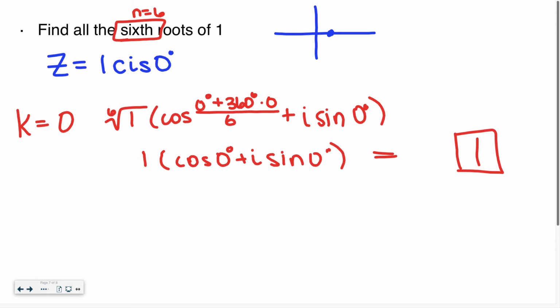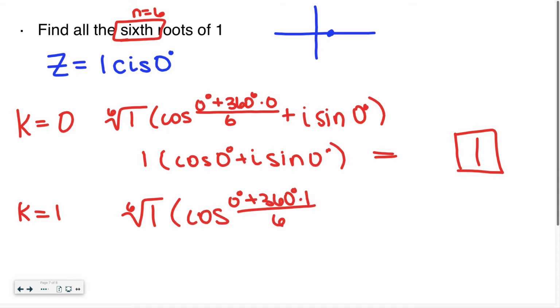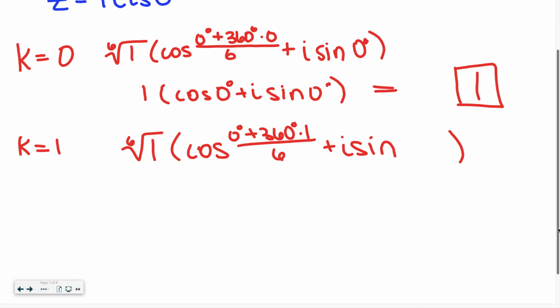Okay? You should be excited. We knew that's a sixth root. Now we're going to move on to k equals 1. So we're going to copy paste this formula, except we have 360 times 1. Which means our angle is what for this root? 60 degrees?